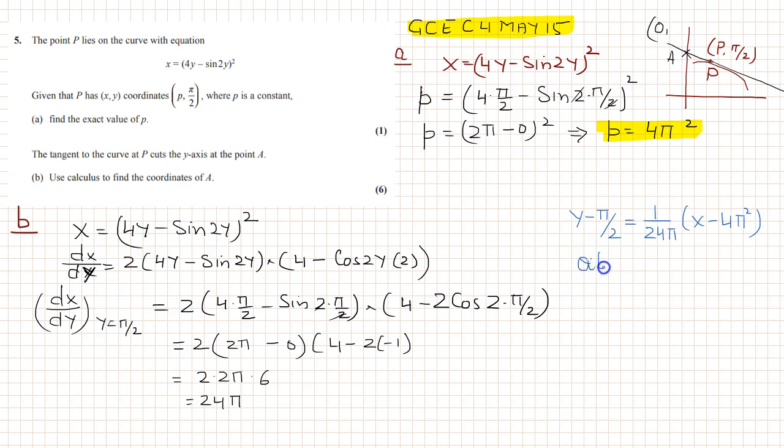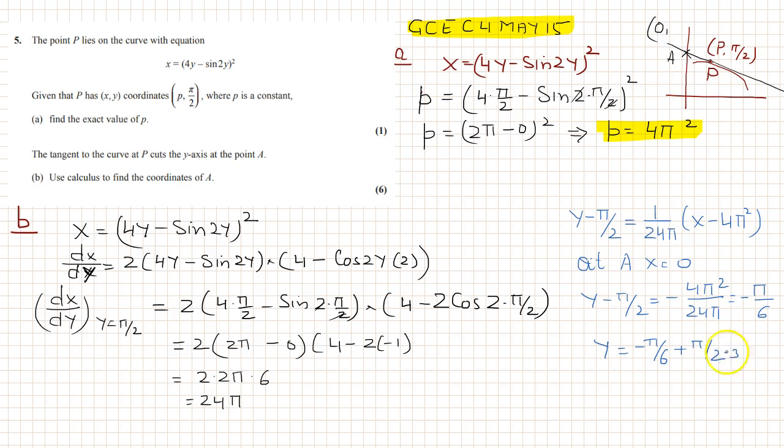At A, x is equal to 0. So y minus pi over 2 is equal to, this multiplies 0, so it is minus 4 pi square over 24 pi, which is minus pi over 4 times 6, pi over 6. So y will be minus pi over 6 plus pi over 2.